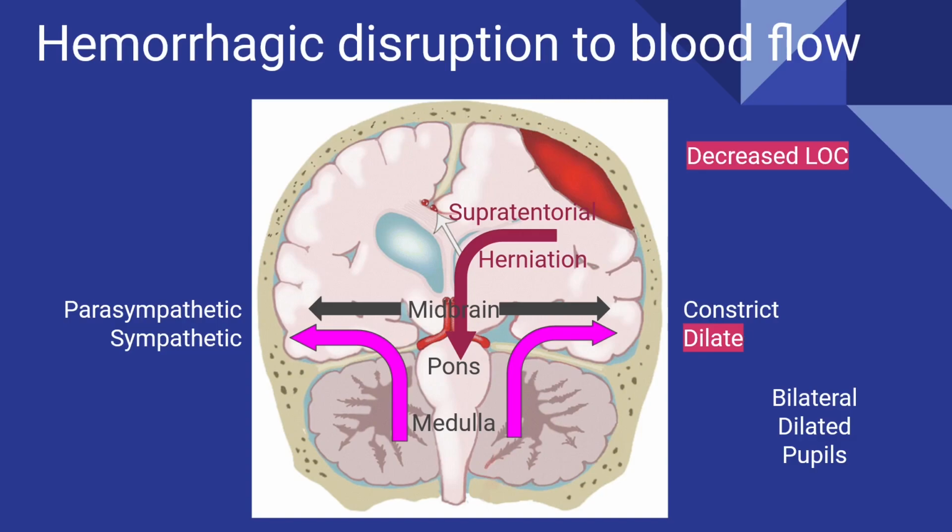Once we've seen that, we know that we have extreme brain swelling, extreme ICP, and that we're going to start to see Cushing's triad, which we'll talk about. Something to keep an eye on is you're always going to see a change in level of consciousness first. A lot of your normal brain functions, your normal awareness centers, are located higher than your midbrain, pons and medulla, so you'll see that first, and then you'll start to see pupillary change later.